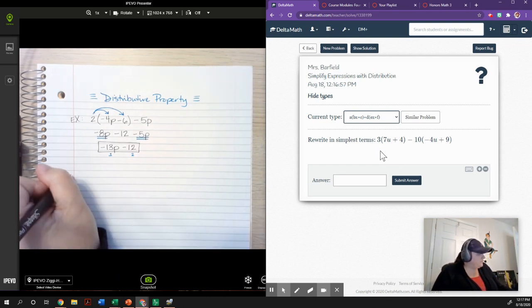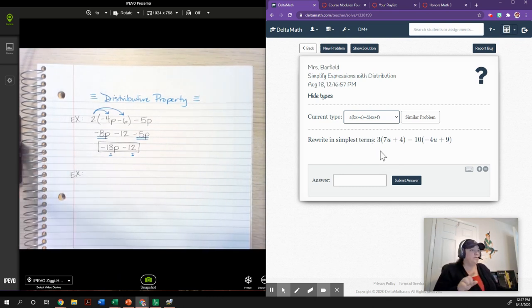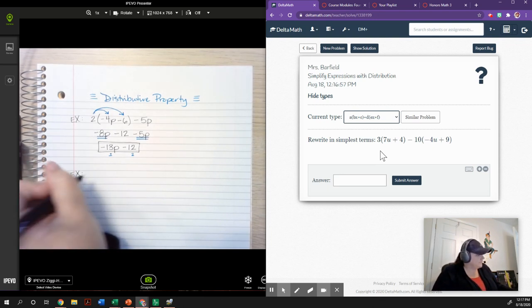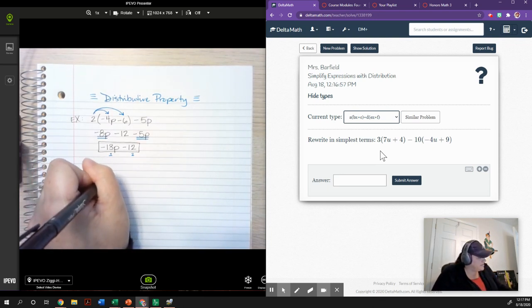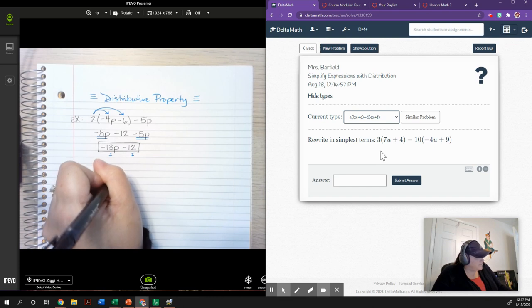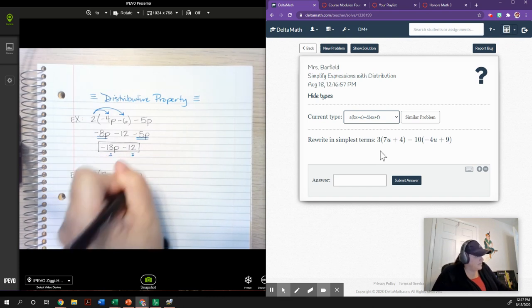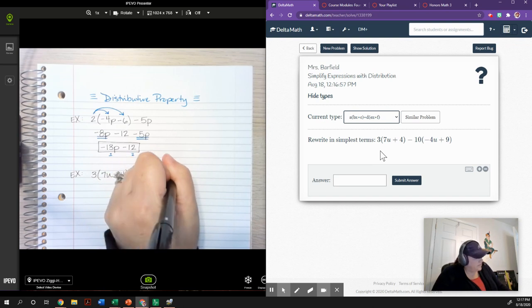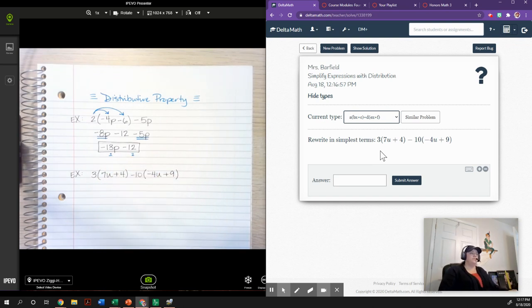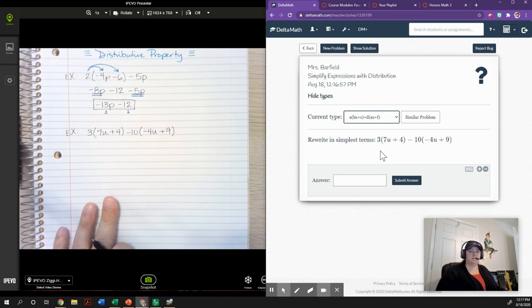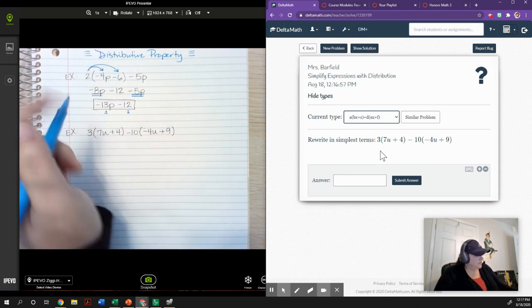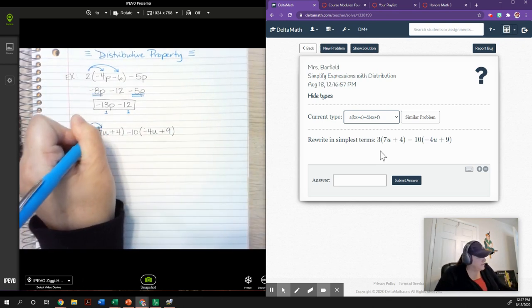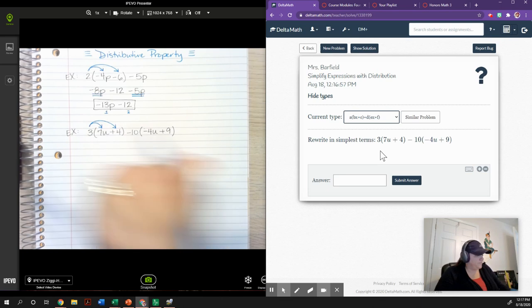I'm going to make sure I cycle through every problem type in this video. So 3 parentheses, 7u plus 4, minus 10 parentheses, negative 4u plus 9. Okay, so we've got 2 sets of parentheses. That means we're going to be doing the distributive property twice. All right, so 3 is going to get multiplied by 7u and by 4.